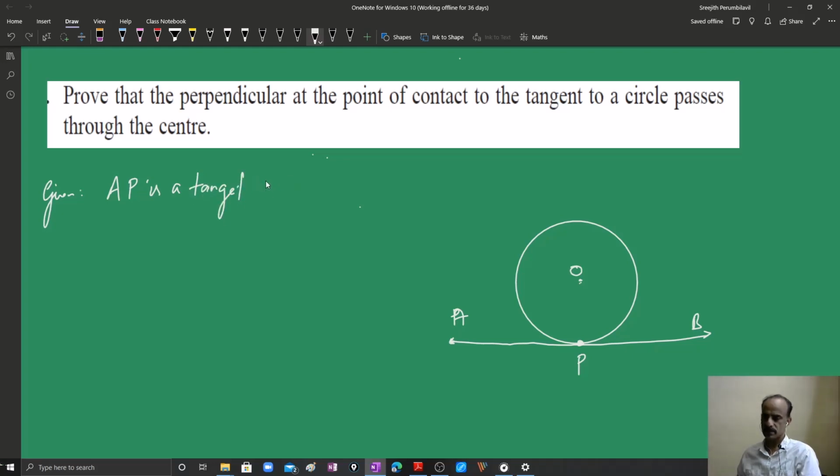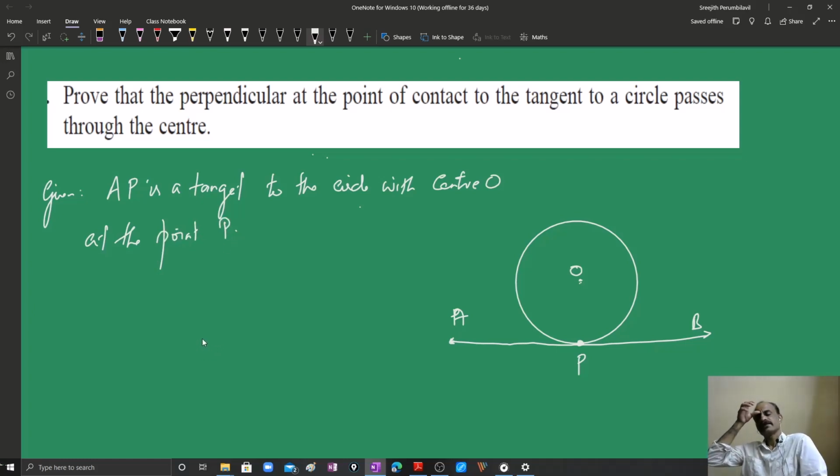AB is the tangent to the circle with center O at the point P. Prove that the perpendicular at the point of contact passes through the center. So we have to show that the perpendicular passes through the center.